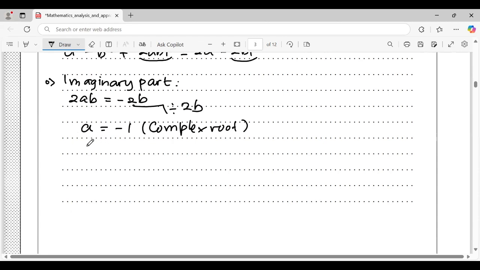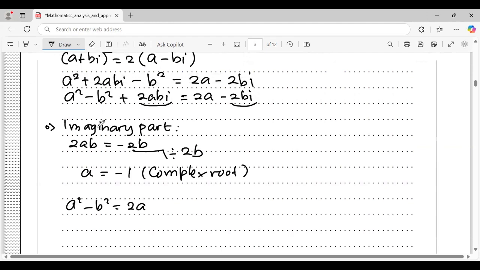And for the real part, a squared minus b squared equals 2a. This one equals this one, the real parts. Right.